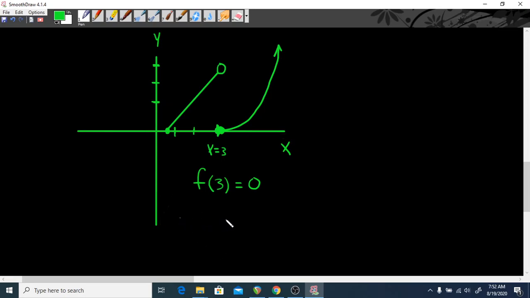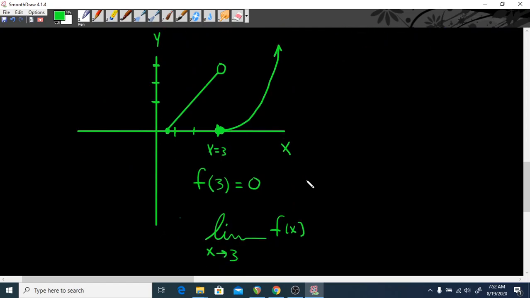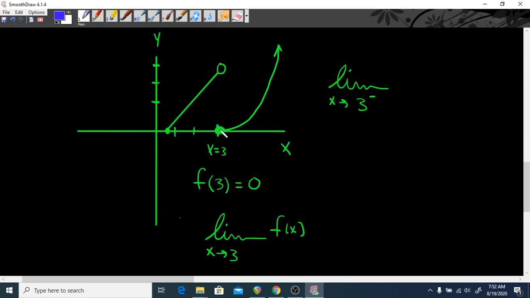So once again, to figure out the limit, we need the left and right hand limit. Let's think about the left hand limit first. So x equal 3, and go to the left.